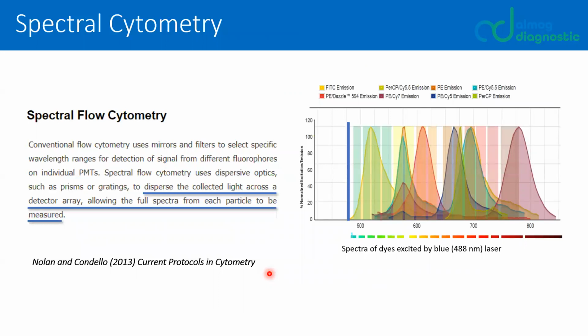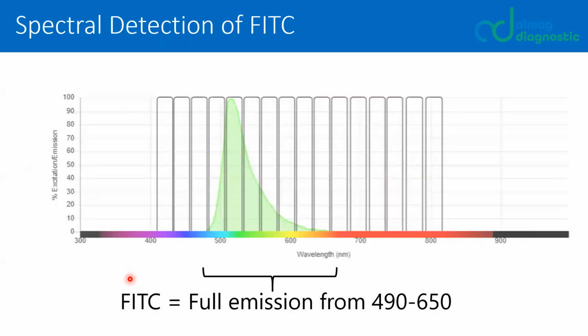Now, let's start talking about spectral flow cytometry. It was first introduced to the flow community in the article mentioned here in 2013. The article discussed the way that light is being collected across a detector array and not just through one detector. So if we look again at our FITC example, spectral flow cytometry collects the emission from a range of detectors.